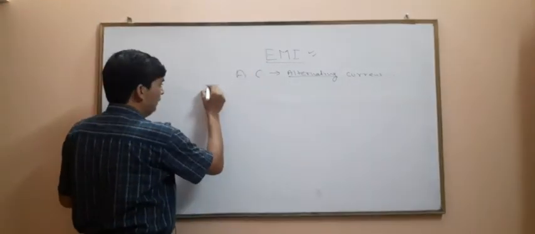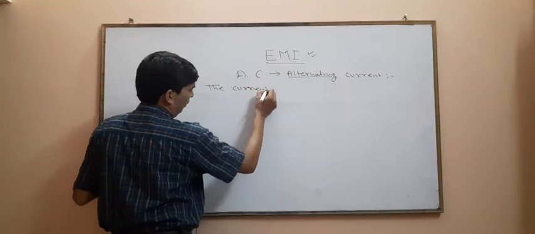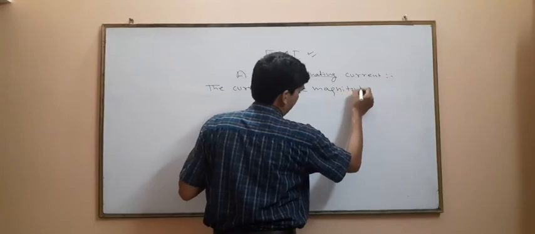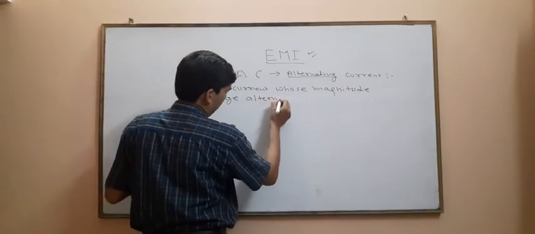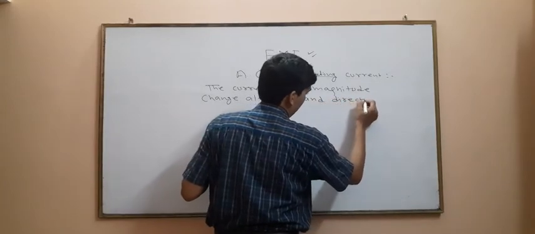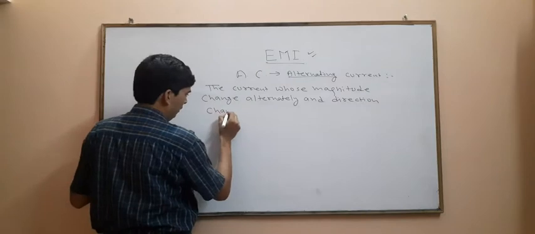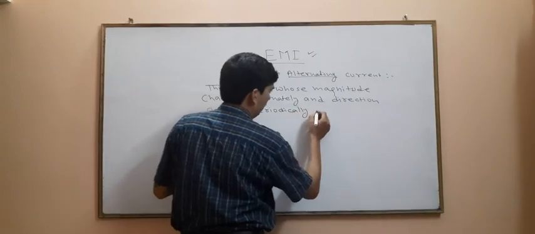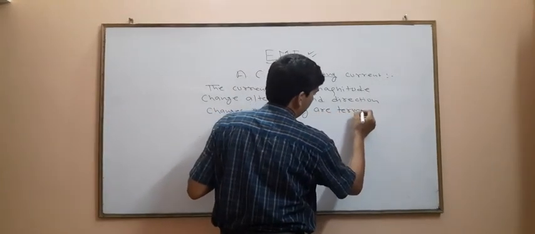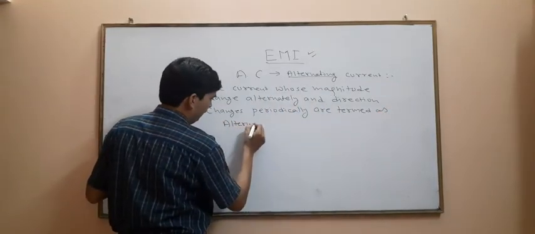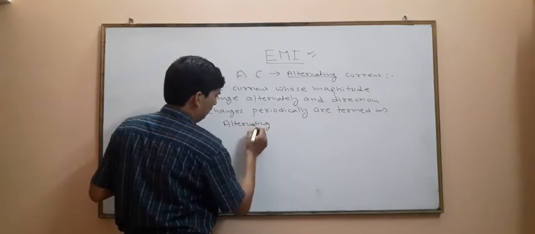So the current whose magnitude changes alternately and direction changes periodically is termed alternating current.